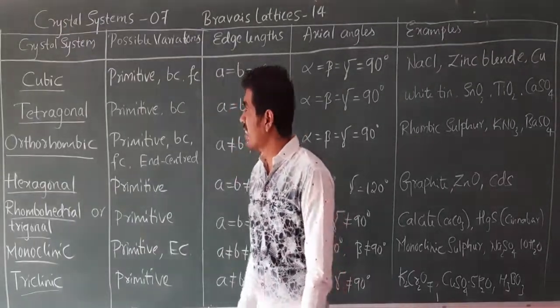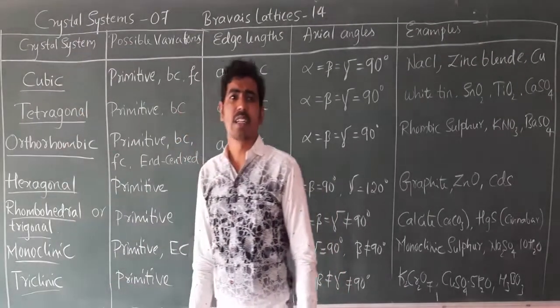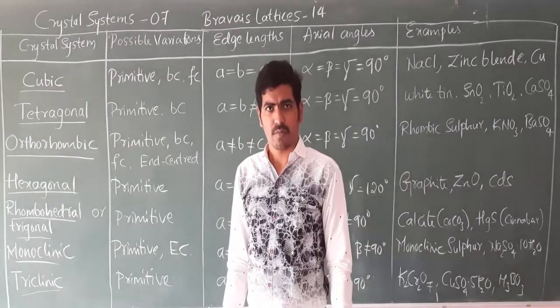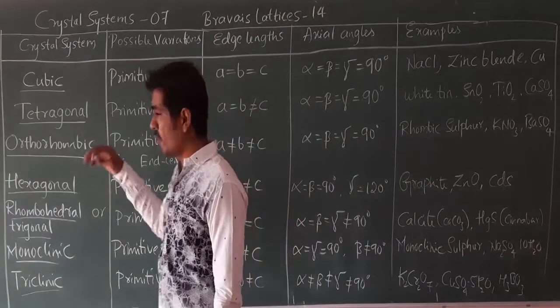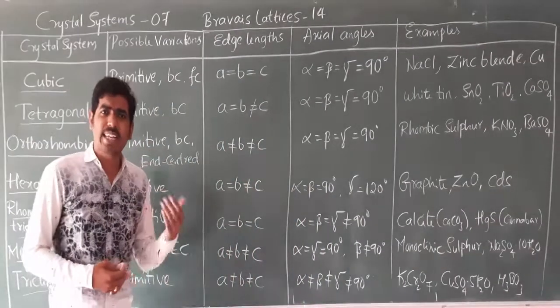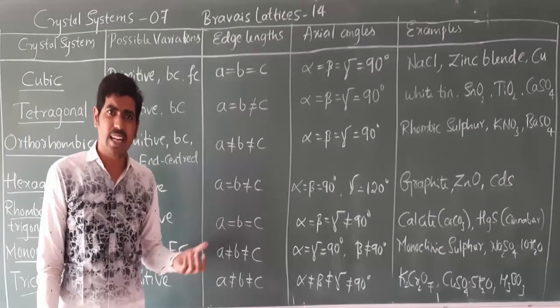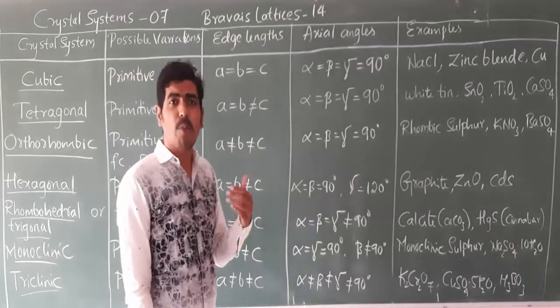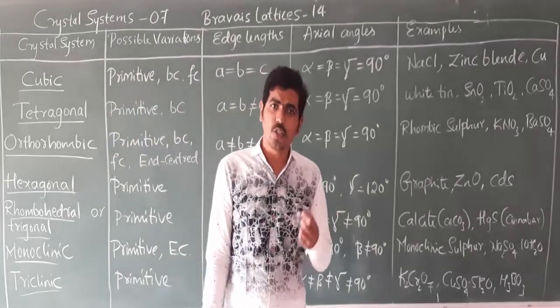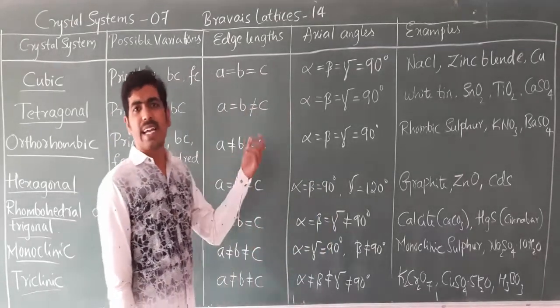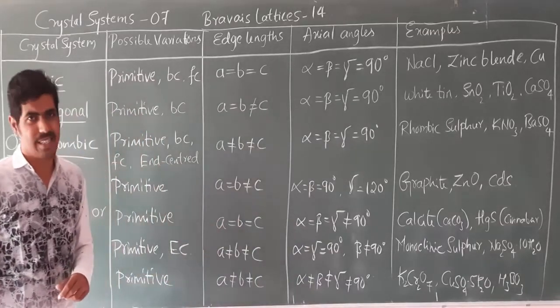So these are the 7 crystal systems. Now we will see the edge lengths in those crystal systems, the axial angles, the possible variations of unit cell and examples of those crystal systems.